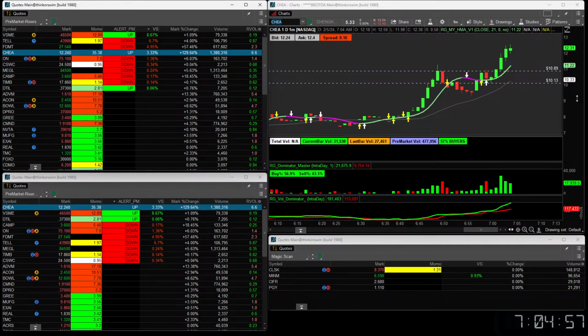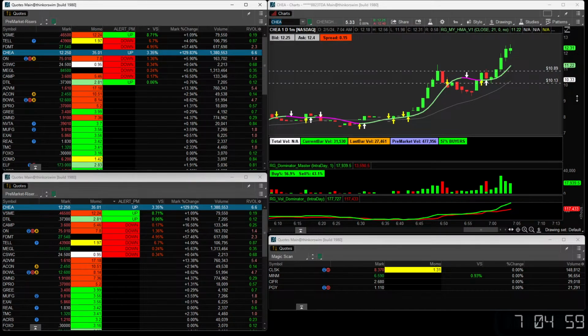Might gain a little bit more here, showing strength on my indicators.